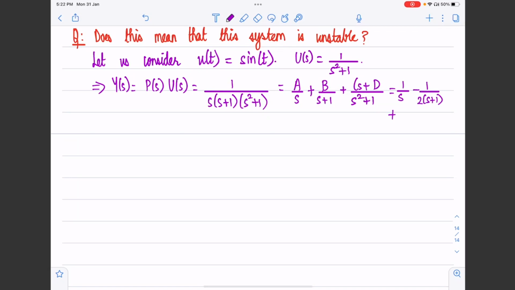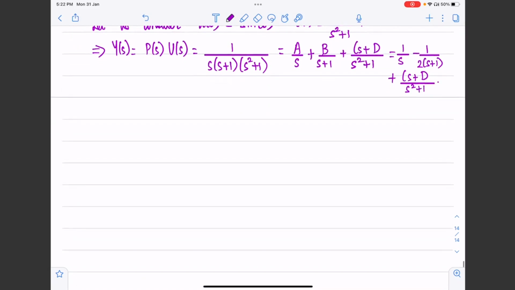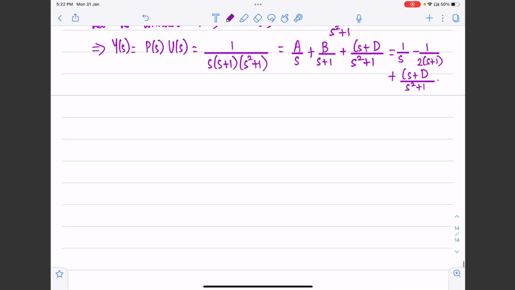Okay. And then the question remains, how do I find C and D? Because I have to essentially get the residues C and D to complete the partial fraction expansion, right? One can do it in multiple ways. Please note that this equation has to be satisfied for all values of s. So let us substitute any two values of s which we have not already considered.